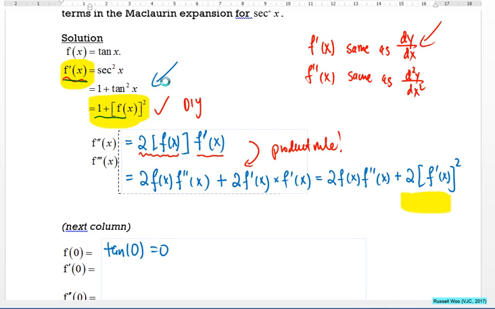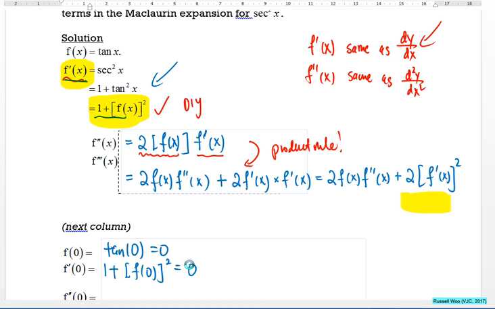Then I get 1 plus 0, I will still get 1. You know what I'm saying? I don't substitute x equals 0 directly into this. I substitute x equals 0 here. Of course, I will get the same thing, because I know at x equals 0, f(0) is 0.